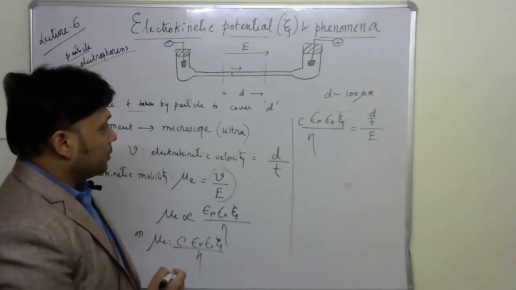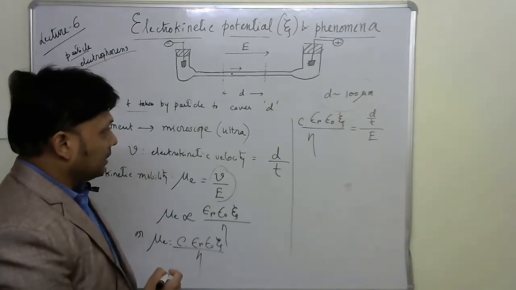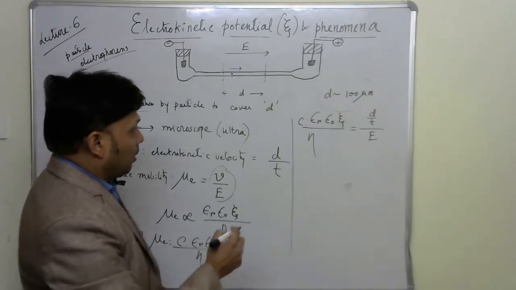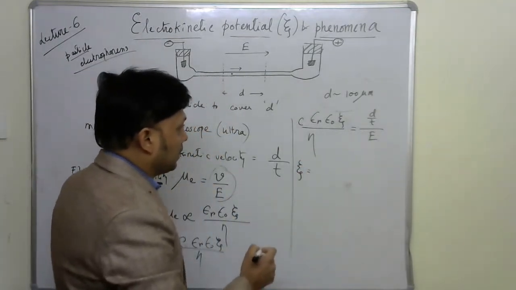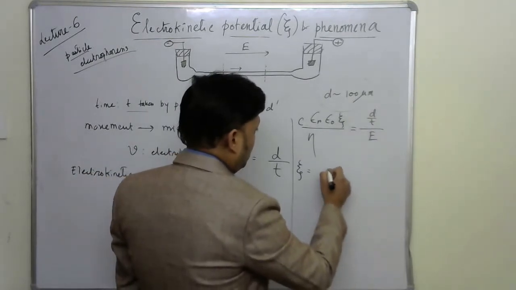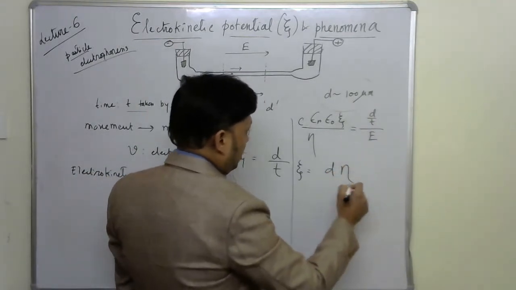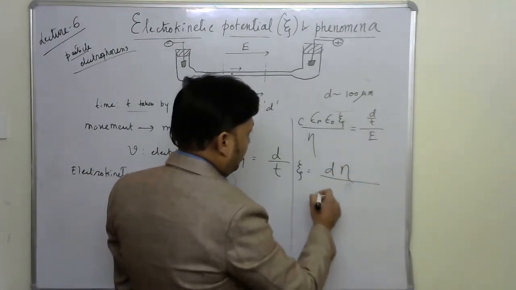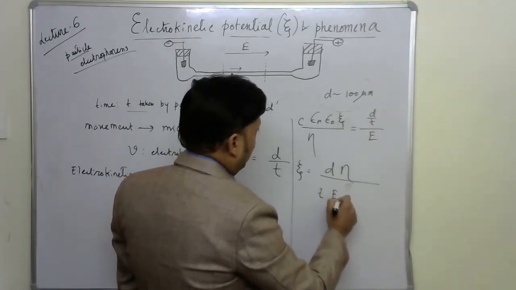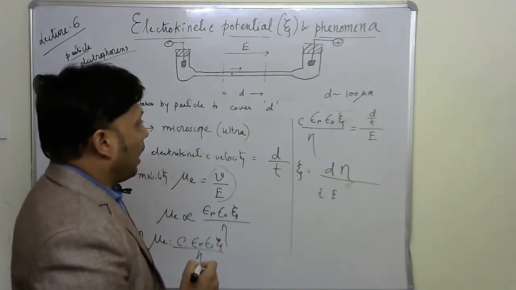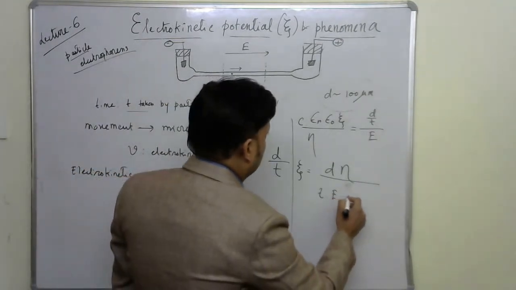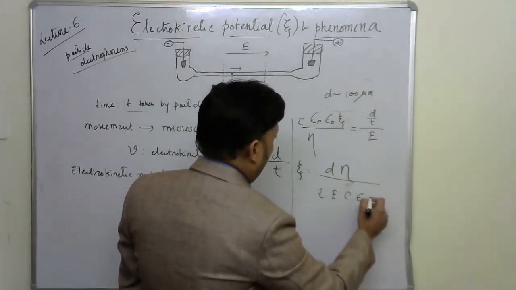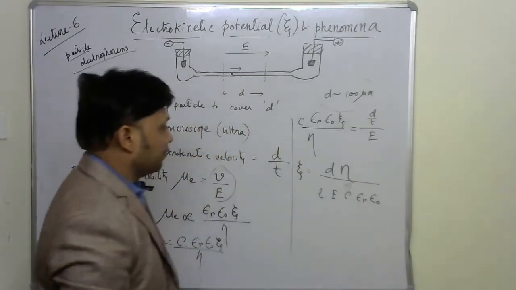If we do that, from here we can find an expression for zeta. The zeta value becomes d multiplied by eta divided by t multiplied by E multiplied by C multiplied by epsilon r multiplied by epsilon 0.